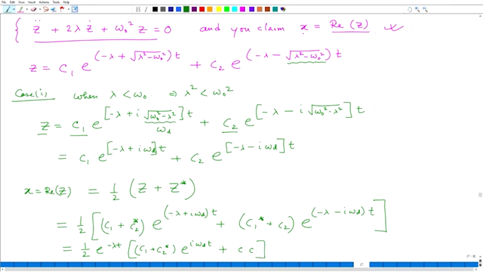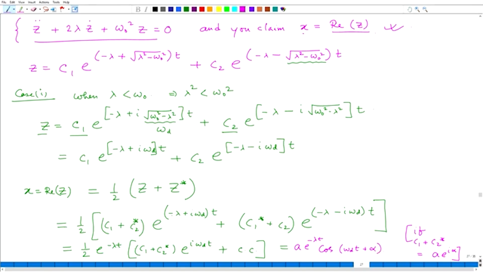If I call C1 plus C2 star equal to a e to the power I alpha, where a and alpha are real quantities, then you do this calculation and check, I can finally write this as some e to the minus lambda t times cos of omega d t plus alpha.